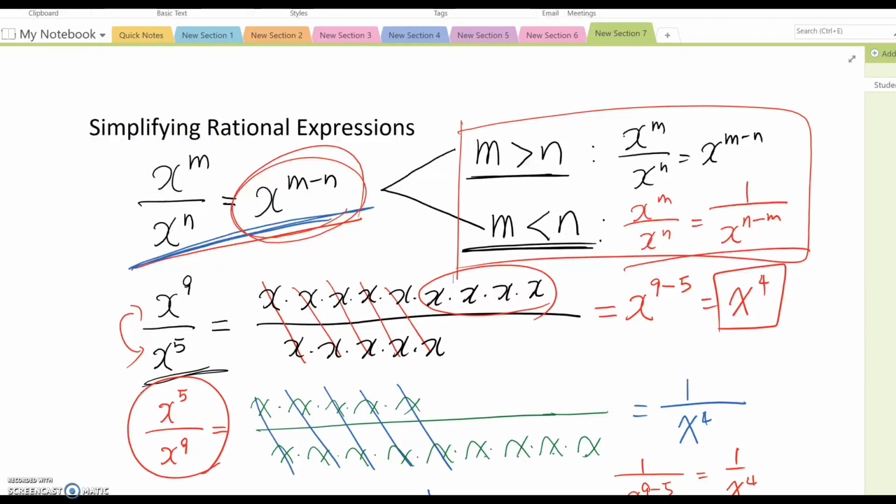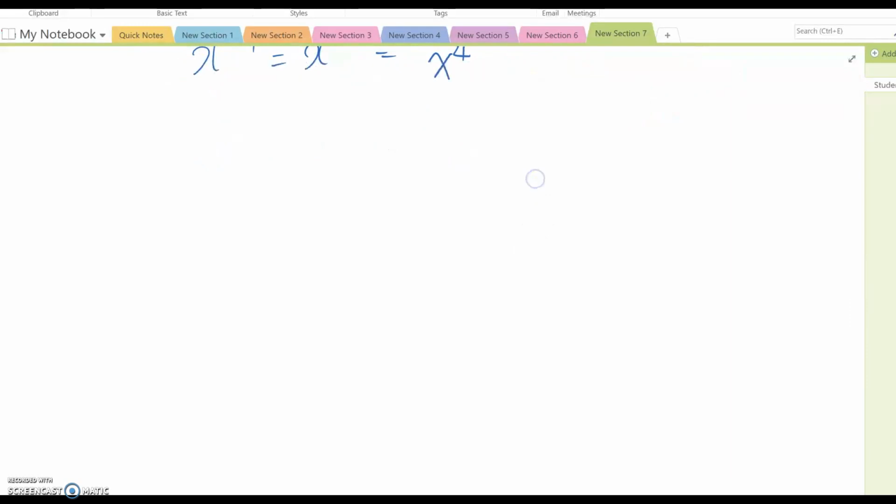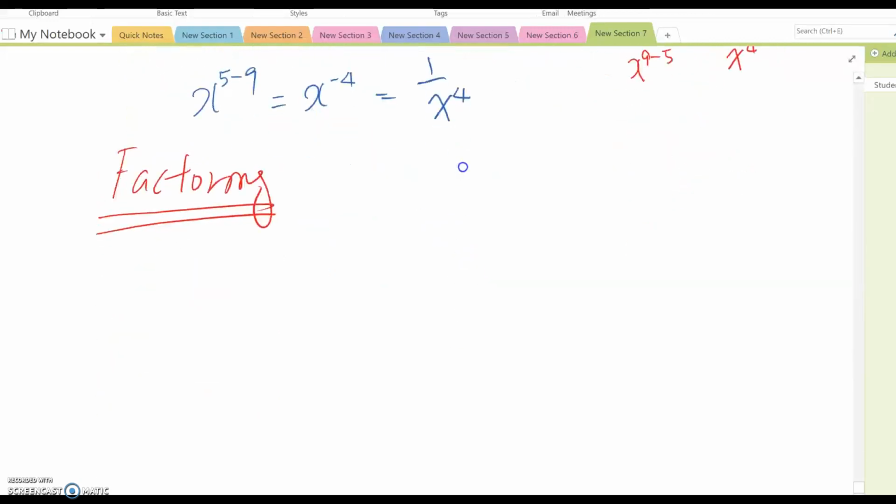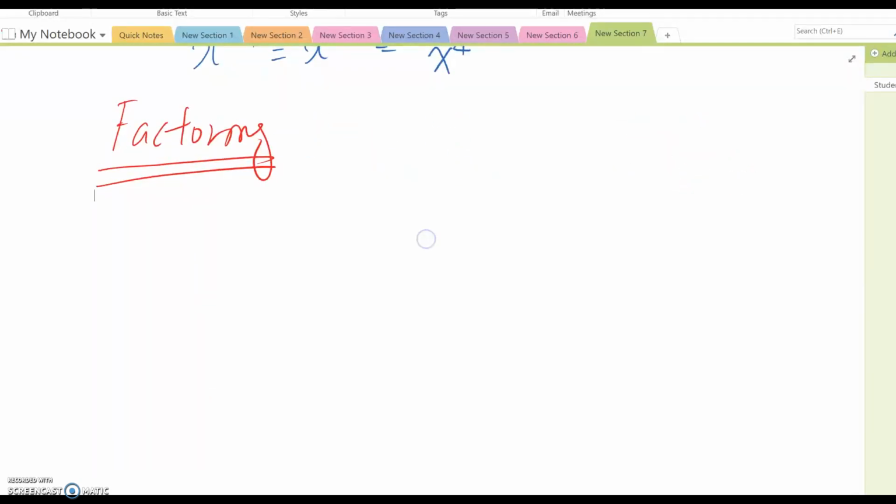The second requirement is factoring. Because in many different cases, it is not given as a monomial, like one term, it becomes polynomial terms, like two terms, like x plus 2 over x squared minus 4, something like that.